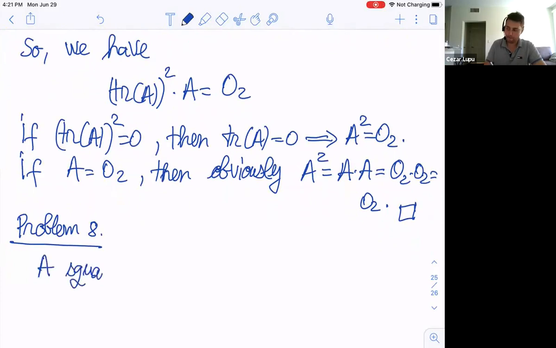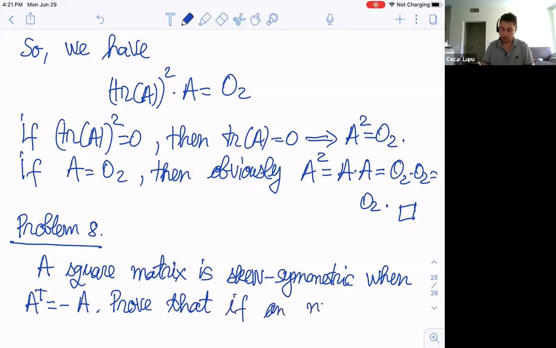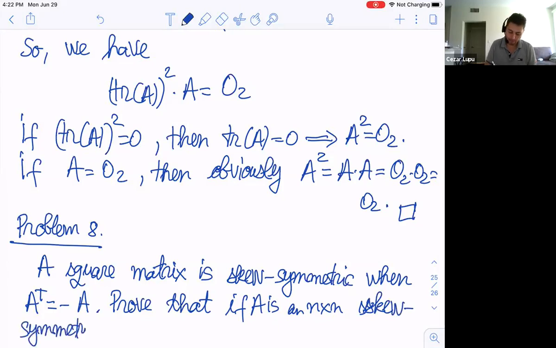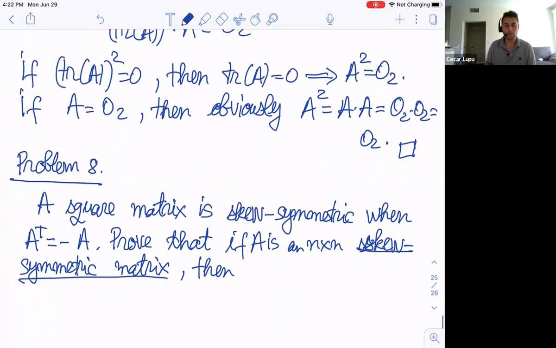A square matrix is skew symmetric when A transpose is equal to negative A. Prove that if A is an n by n skew symmetric matrix, then we have the following formula for the determinant.